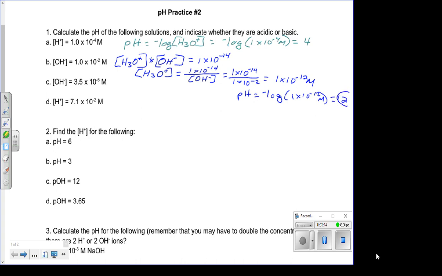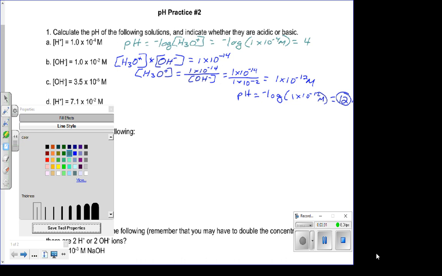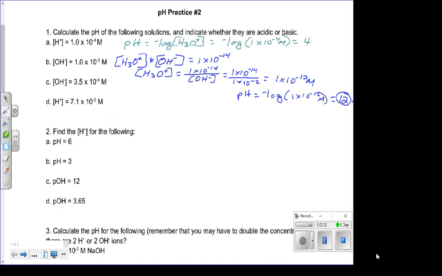And we got a pH of 12. So that's one way we can do it. Questions about that?